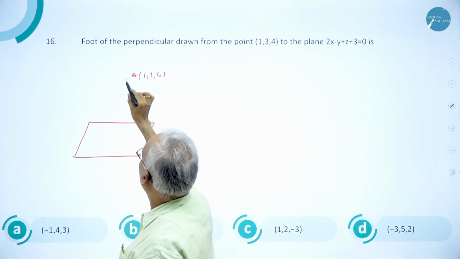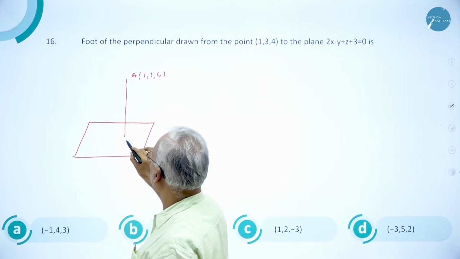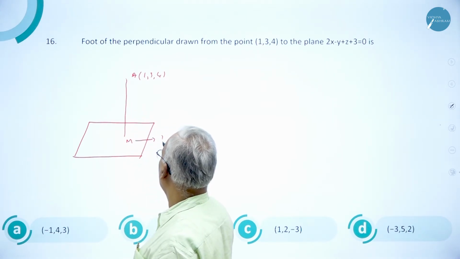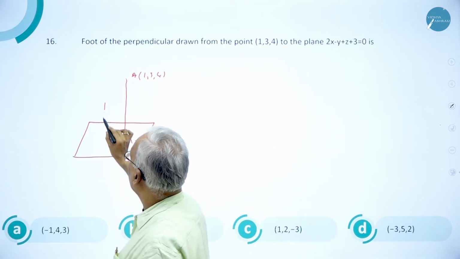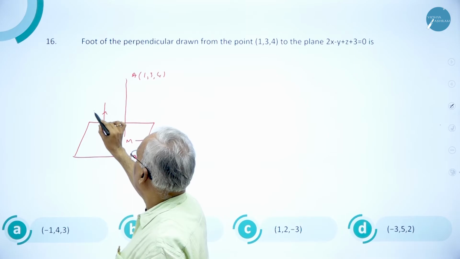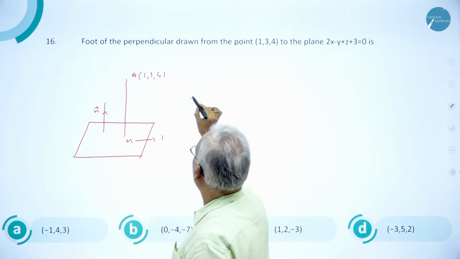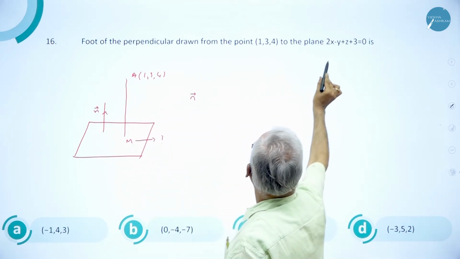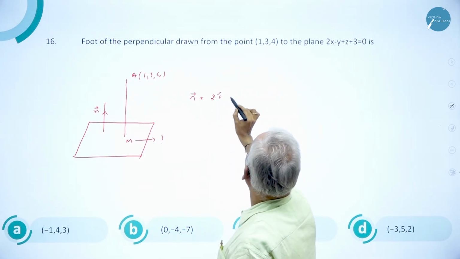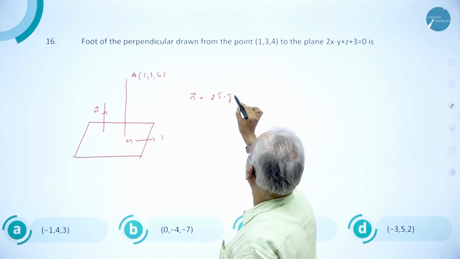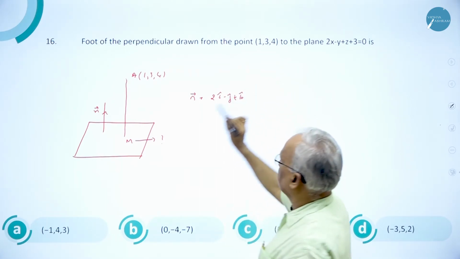From this you draw perpendicular to the plane. This is foot of the perpendicular. This is what you want, foot of the perpendicular. So you know that normal to this plane is given by n, coefficients of x, y, z, that is 2i minus j plus k is vector normal to this plane.